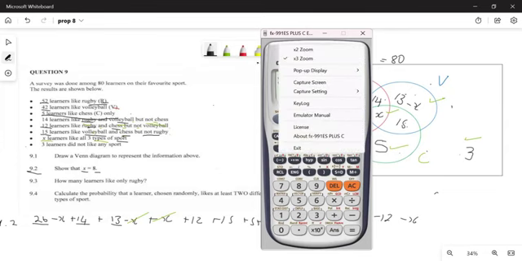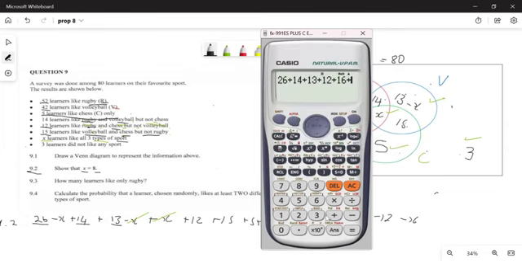What else do we have? Plus 5. I said 16, 15, I made a mistake. It's 15 plus 5, and then plus 3. Okay, then we get equals to again, and then we get 88.